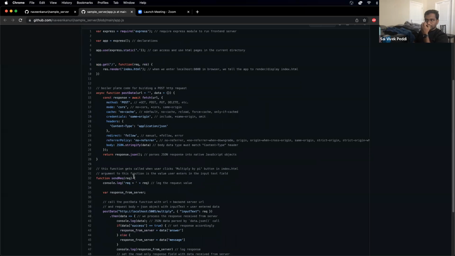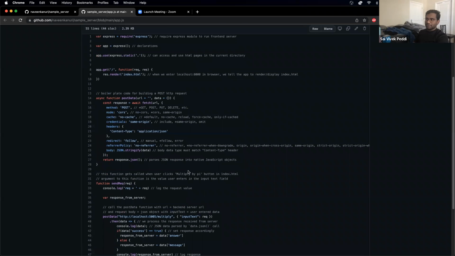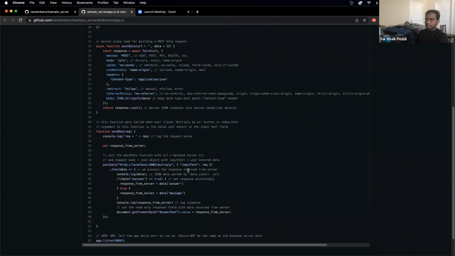So if you can see here, this is a brief template of what you can do. Here we are saying post the data. Whenever the user has input some data into the text box, that will be converted into a request format, and that JSON will be sent to the backend.